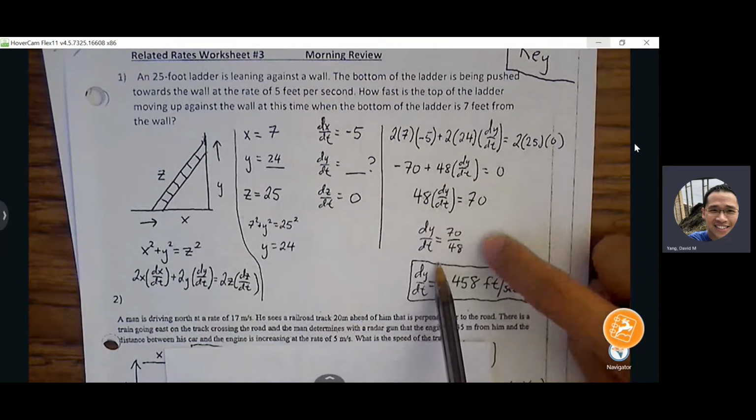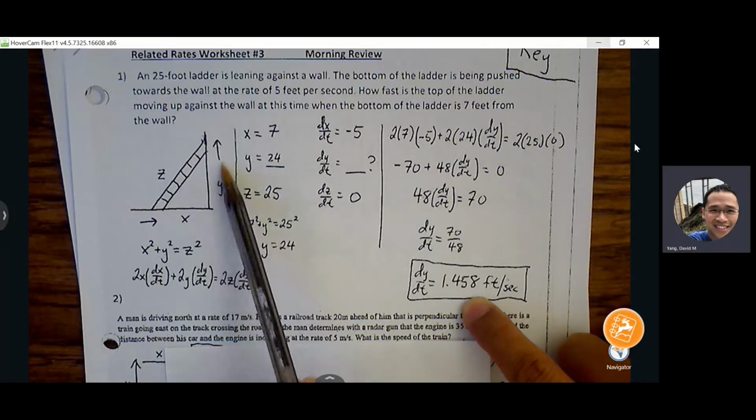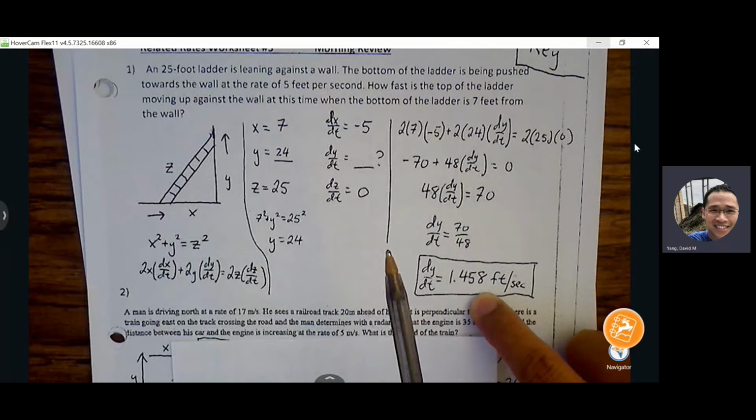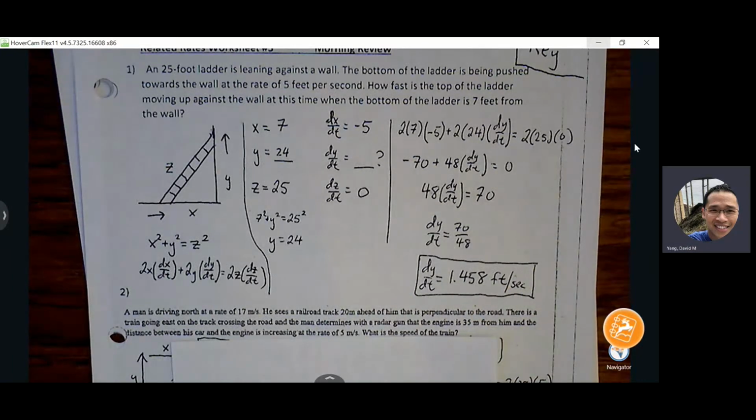We are getting a positive dy/dt, and that does correlate with what we expect out of our vertical length of our triangle increasing over time. Do you want us to always put it in decimal form to the third? Yes, to 3 decimal places.